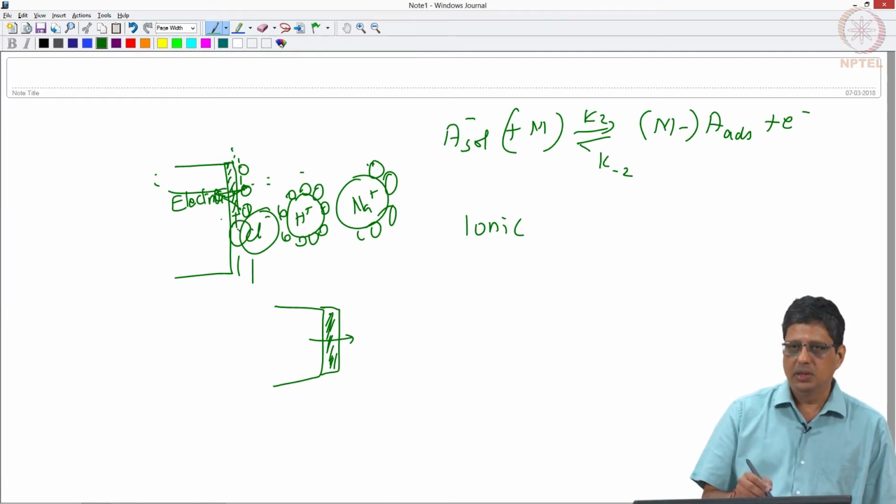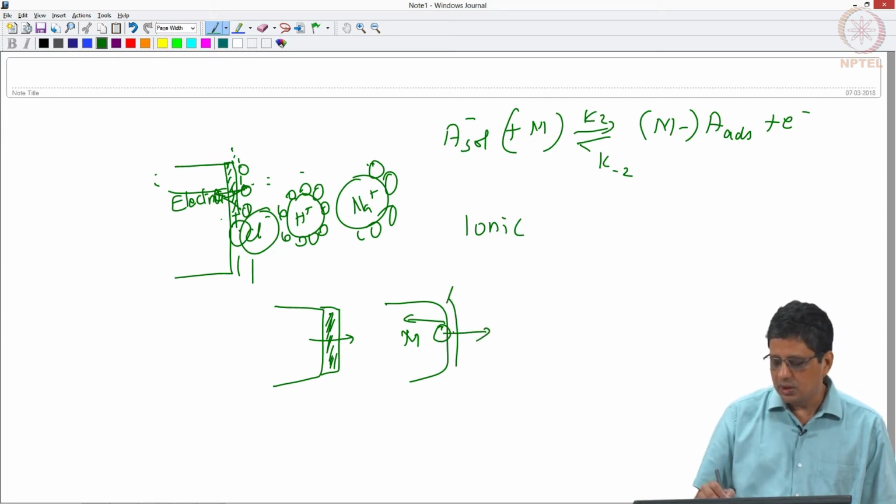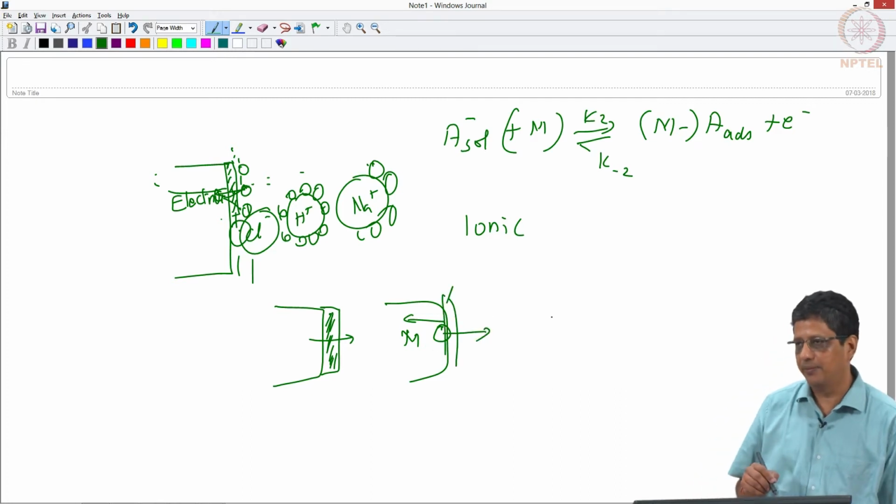and picks up an electron or gives an electron, that is a possibility, or there is a metal, the metal can lose an electron, can become ion, and then the ion crosses over the double layer and then goes into the solution.